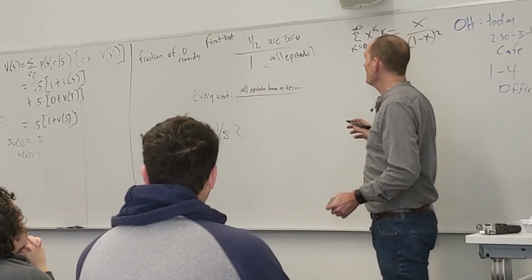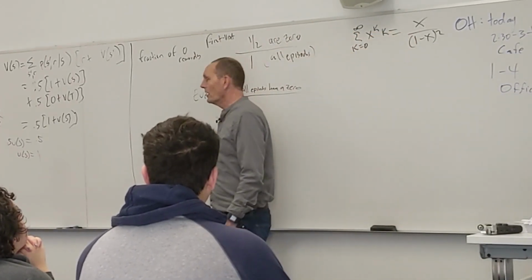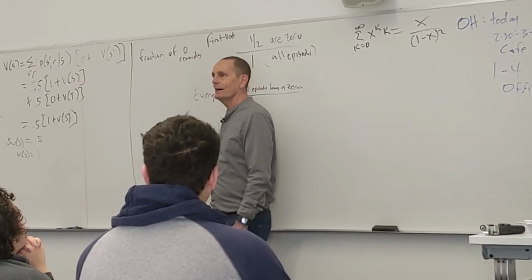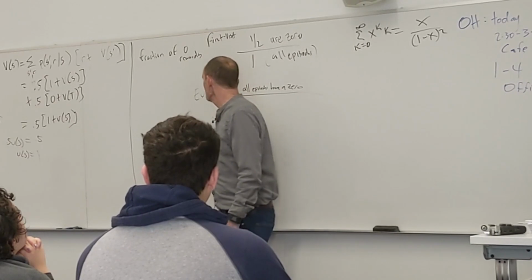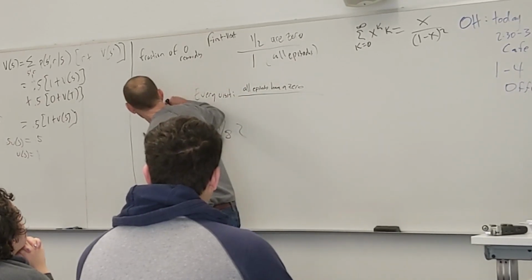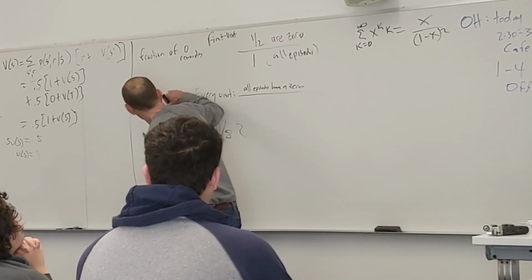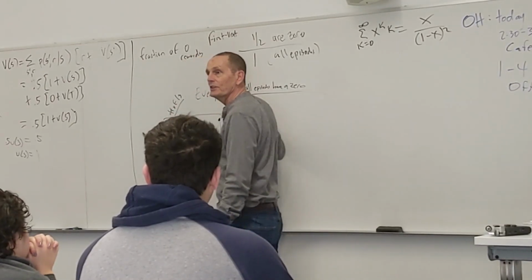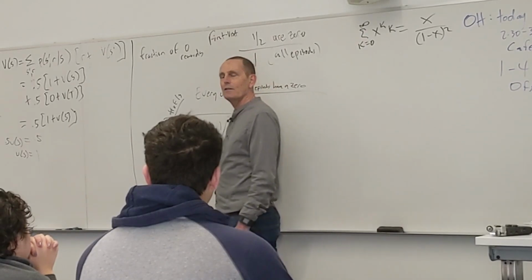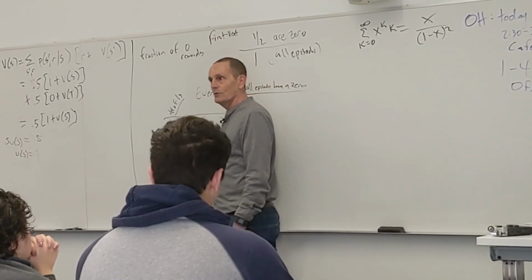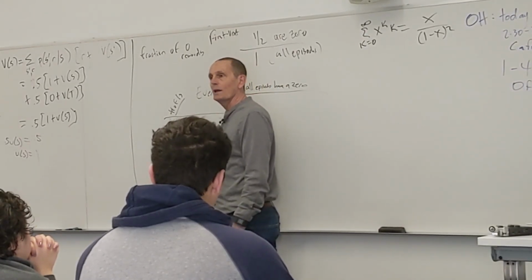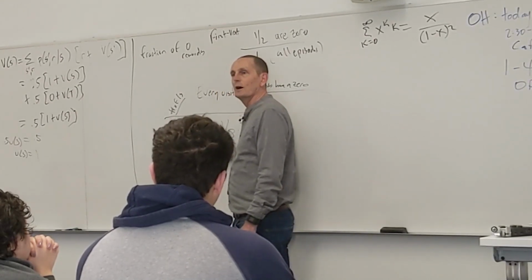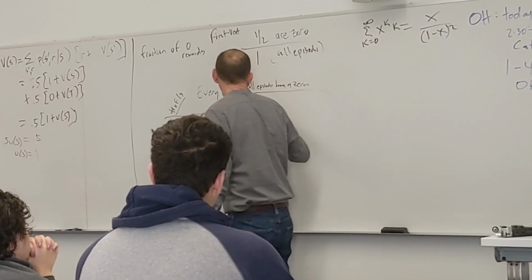So half of the episodes are of 0 length. And so half of them will, so this is the number of ones, kind of along here in this column. So half the time we have 0 ones, a quarter of the time we have 1 one, an eighth of the time we have 2 ones, and so on.